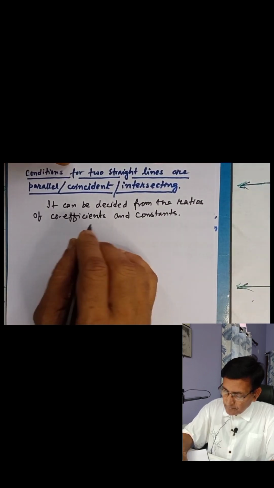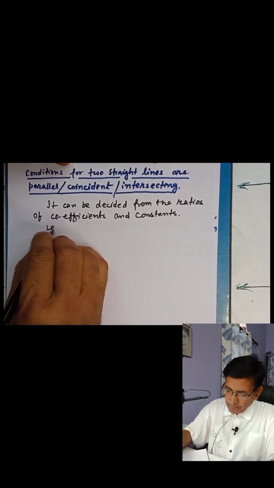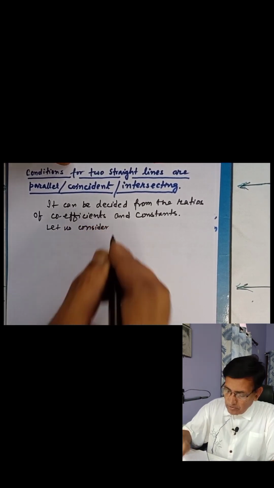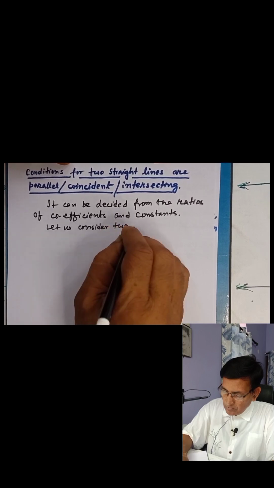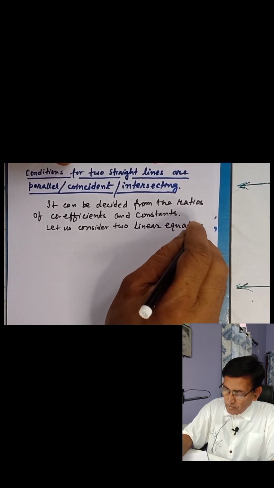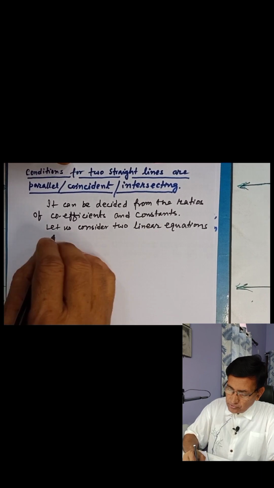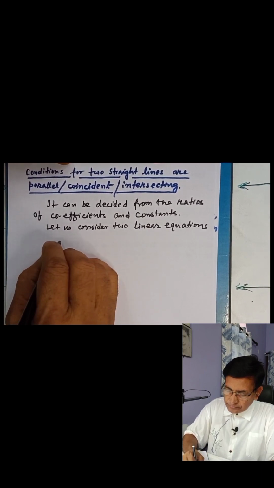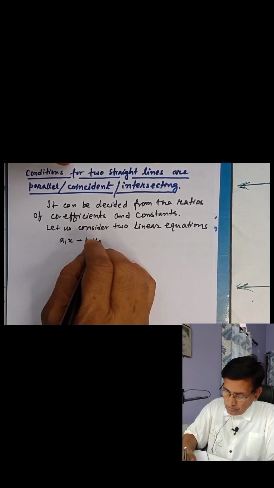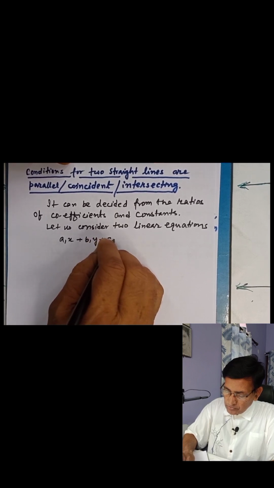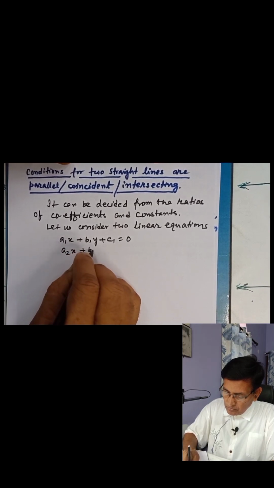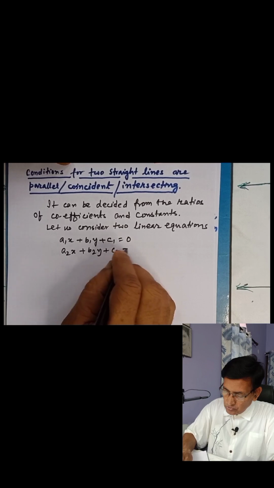Let us illustrate this. Let us consider two linear equations: a1x plus b1y plus c1 is equal to 0, and a2x plus b2y plus c2 is equal to 0.